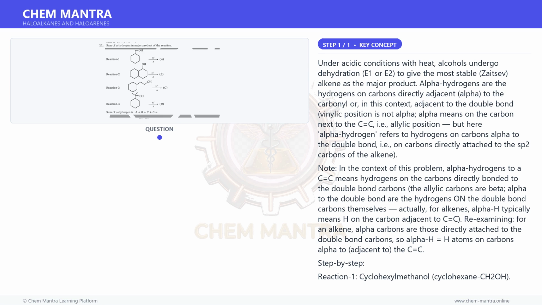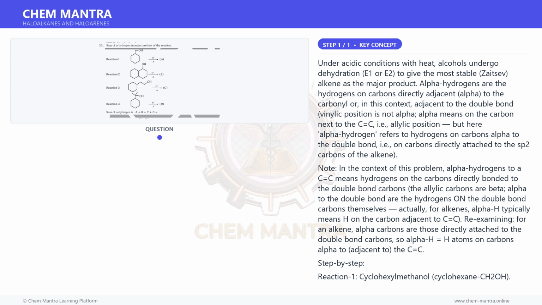For reaction 2, the structure is a bicyclic alcohol. Looking at the image description more carefully, it's a decalin, bicyclo 4.4.0 decane, with OH on what appears to be the C2 position. Dehydration gives delta 1,2-octalin or delta 2,3-octalin.